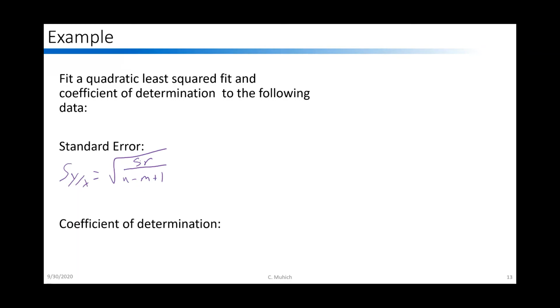So this means we first need to calculate SR. SR, as you remember, is the summation of each data point minus the function value from our fit squared. In this case, y equals a0 plus a1x plus a2x squared.